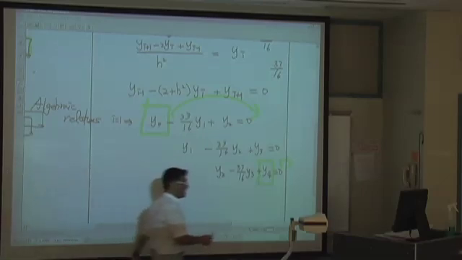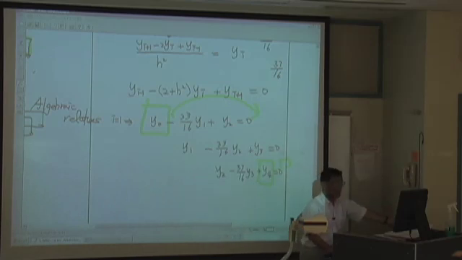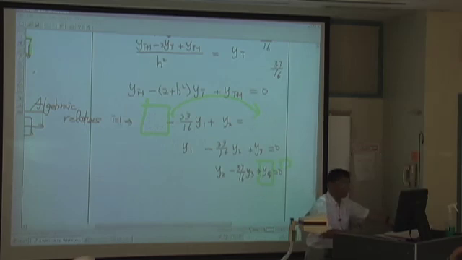So if I rewrite it, instead of rewriting it, I will just delete and then move this. So I will move this part to the right side. And I will move this to the right side.